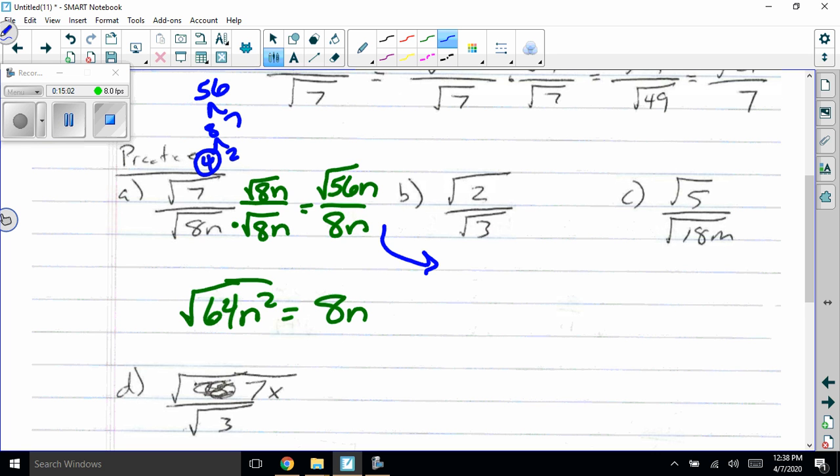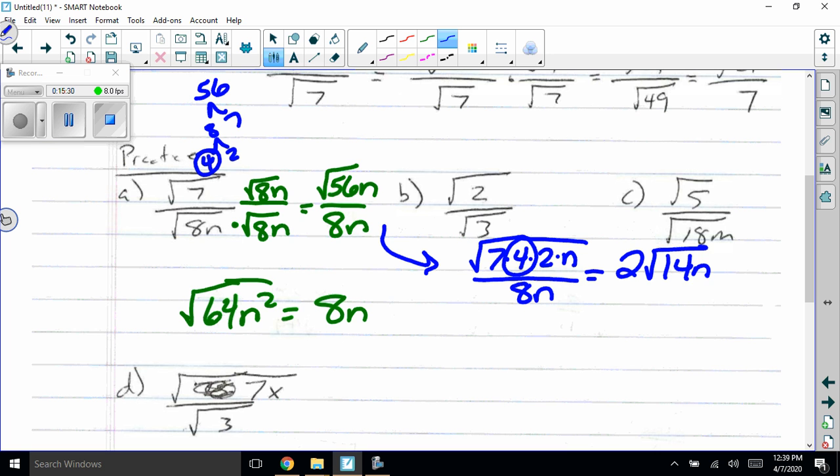So what we end up with is, go ahead and put this over here, up in the numerator, radical 7 times 4 times 2, times n. Again, all of this is 56n over 8n. That 4 right there is a perfect square that I can pull out. 2 radical 7 and the 2 become radical 14n, and that is simplified.